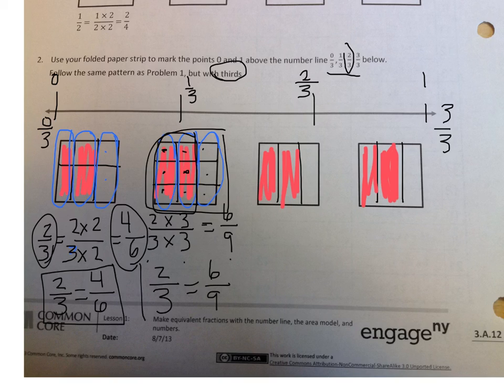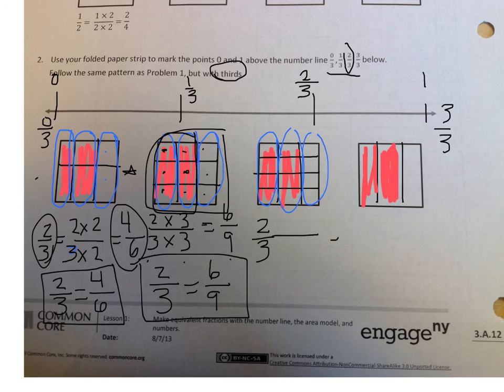Okay. If you look at the third one, in our first one we made 1 cut, in our second one we made 2 cuts, in our third one we're going to make 3 cuts. 1, 2, 3. All right, we still have our 3/3, and 2 of them are still shaded. So if we write this out, 2/3, well, again, we've changed our denominator. Okay.